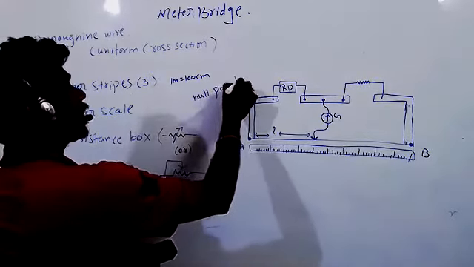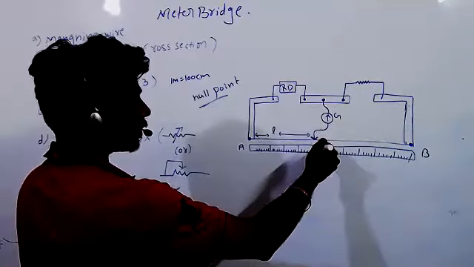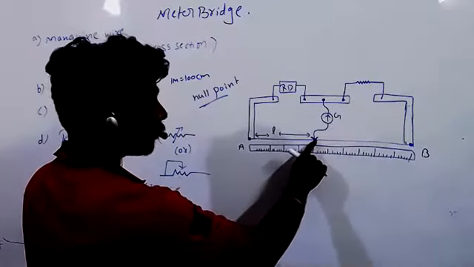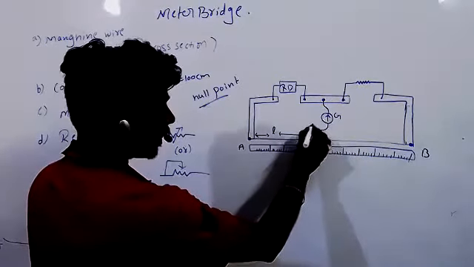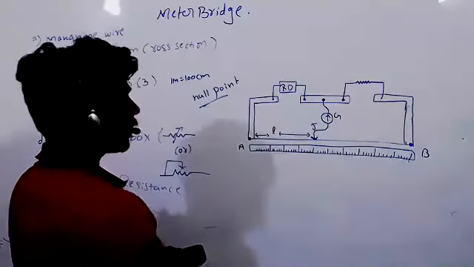It works based on the null point. Null point means the current passing through is 0. When you are touching, actually it will pass, but at one point, if you touch the jockey, current cannot pass through it. That point is called the null point.